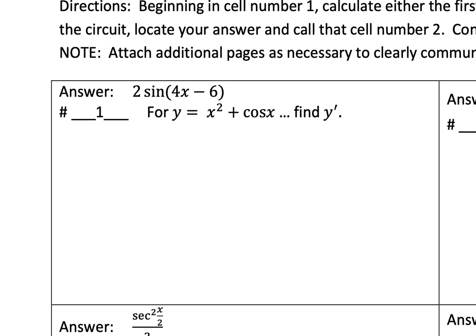If it's just x inside the function, then technically you could call it a chain rule, but it's not really, since the derivative inside is 1. So we're really just gonna take the derivative. Derivative of x squared is 2x. Derivative of cosine is negative sine. That's it.